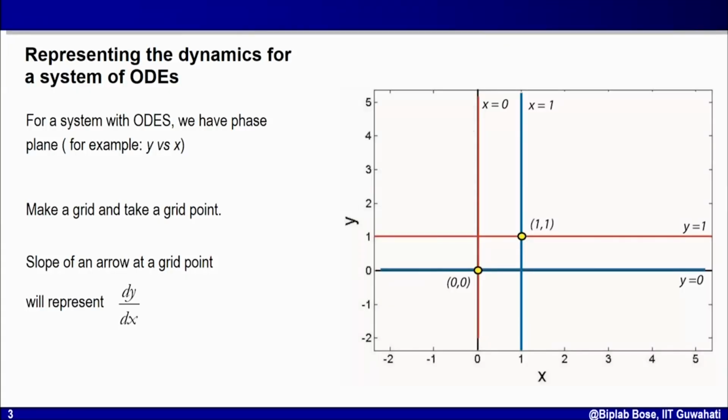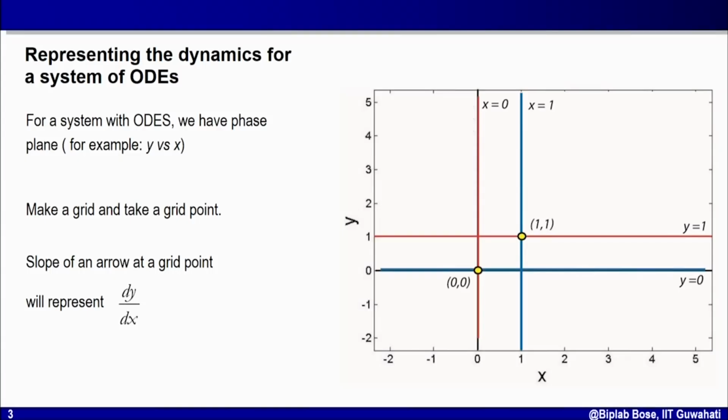So if you remember, for a phase plane, suppose I have two dependent variables, x and y. That means I have two differential equations, one giving dx/dt, another giving dy/dt. If I have a two-dimensional system, with two dependent variables only, I can draw a phase plane with x on the horizontal axis and y on the vertical axis.